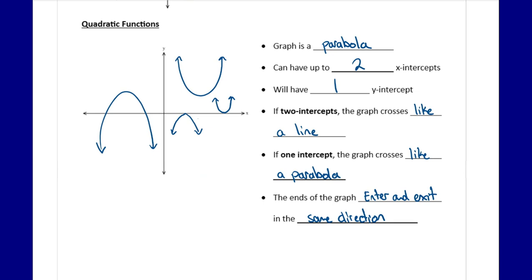Or if we're coming in from the bottom, we reach our peak and we're exiting at the bottom as well. We're coming in from the top and coming out to the top as well. So the ends enter and exit in the same direction. Basically they're headed in the same direction, either both up or both down. Those are the two main types of functions that we've talked about before.